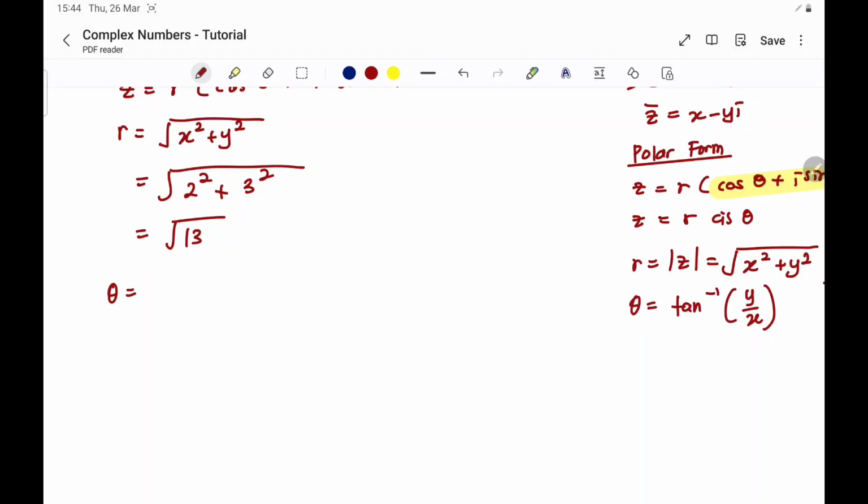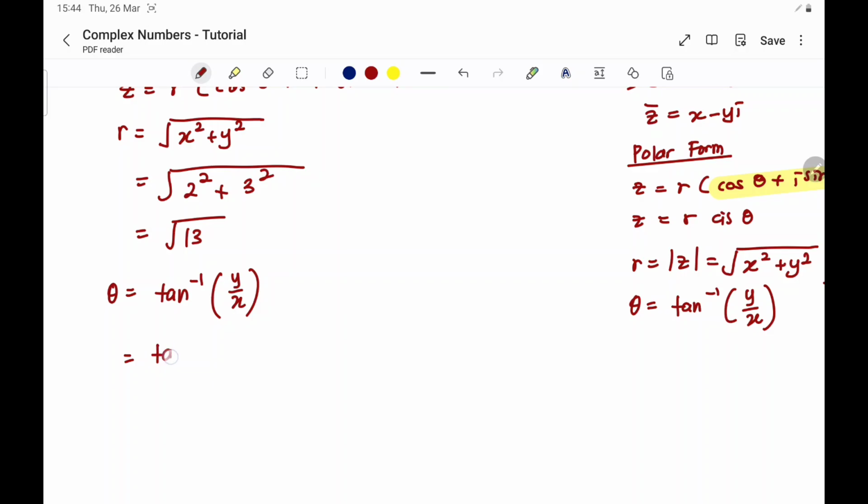Okay, basically for argument of z, we have the formula inverse tangent of y divided by x. You can use either degree or radian mode. I will use radian. You can use your calculator first.